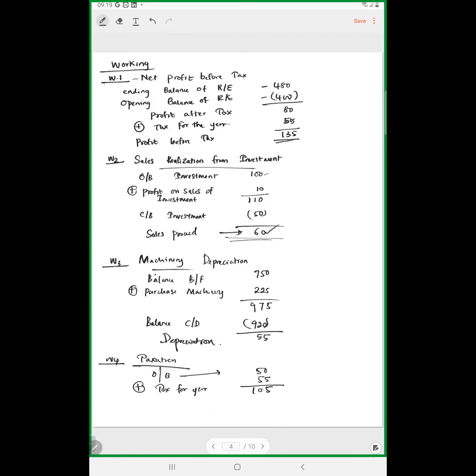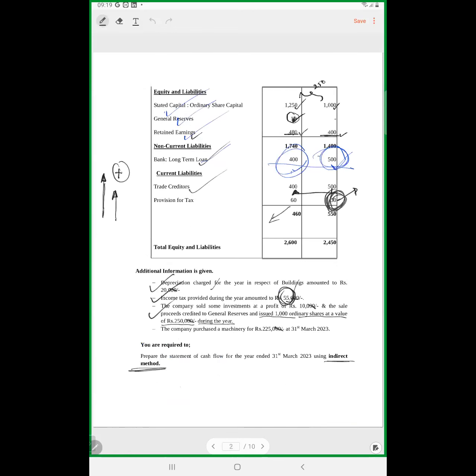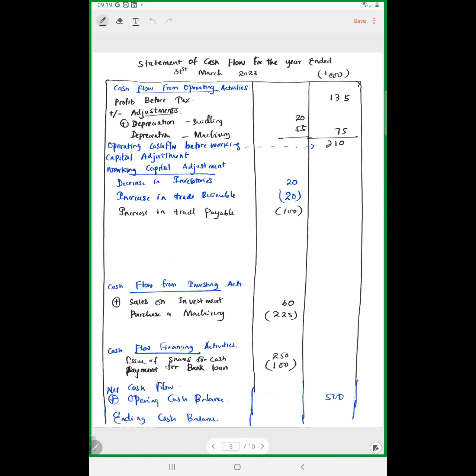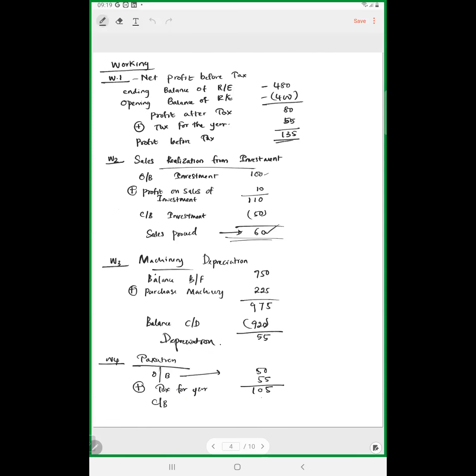At the end of the year, the closing balance was 60. We can deduct that 60 from the total tax payable. Then the company has paid how much tax? 45. Yes, you are correct.